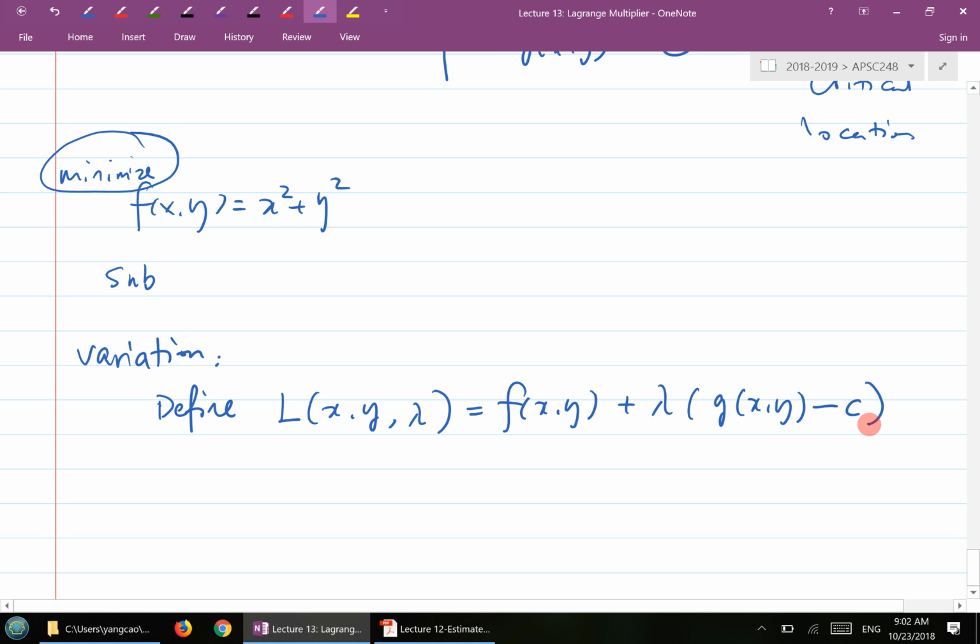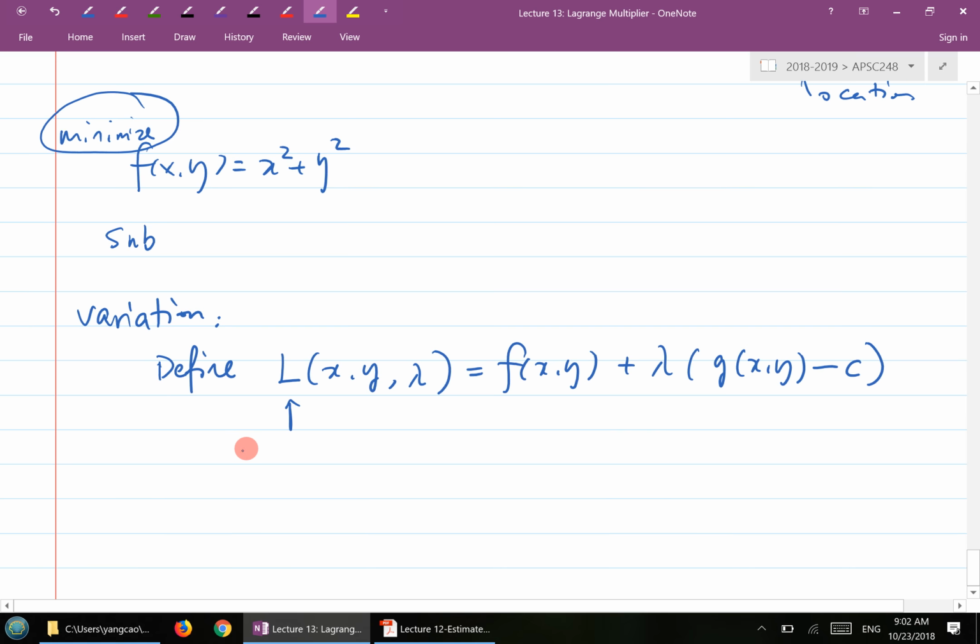As you can see, the function we defined consists of all the given functions: it has f of xy, it has g of xy, and it also has the Lagrange multiplier lambda. Now this function has a name. It's called the Lagrangian function, the Lagrangian.